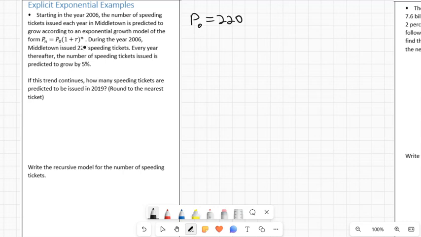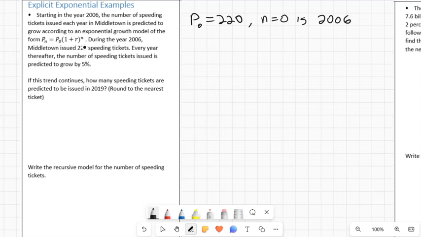And also, we know that n equals 0 is 2006.